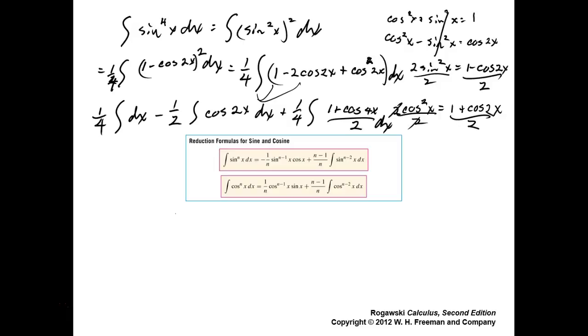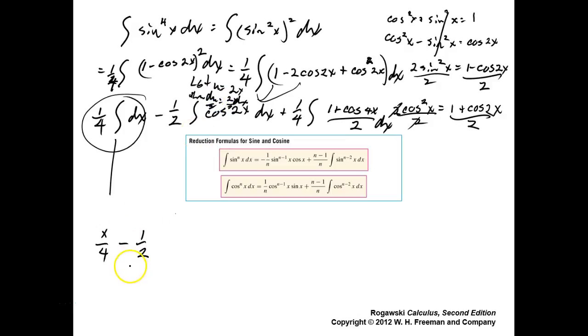All right. So this integral here would be what? x over 4 minus 1/2 of, second, substitute, let u equal to 2x, okay, then du is equal to 2 dx, and then divide by 2, you get that.